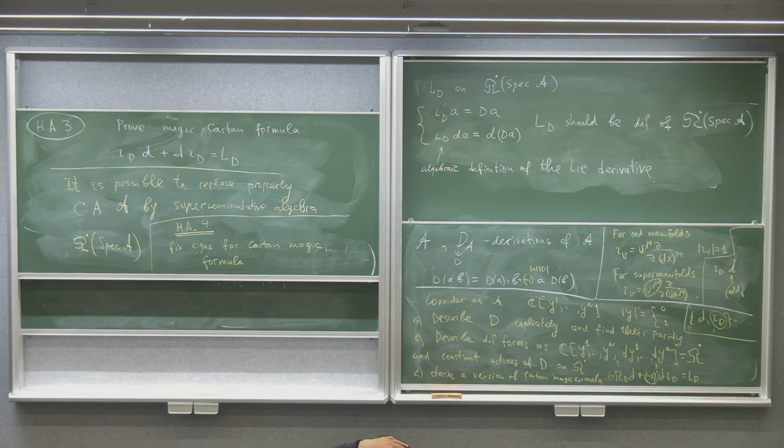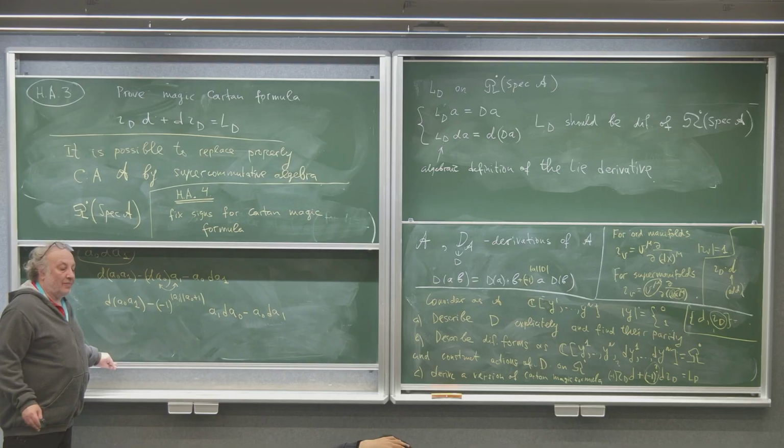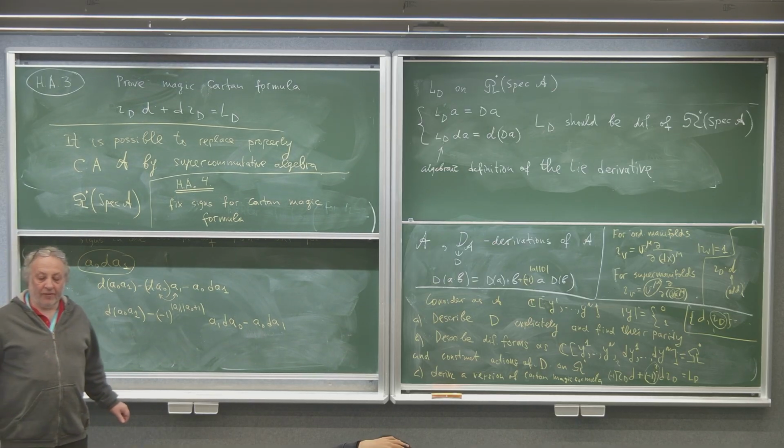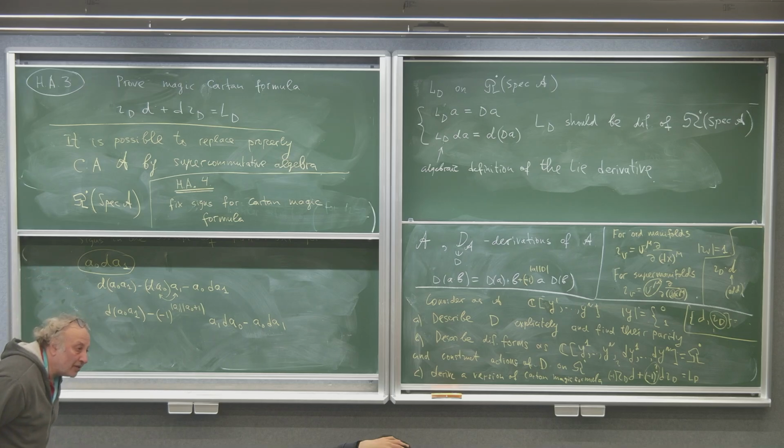Let me summarize. I constructed for you the theory of differential forms in two ways. The first way was differential geometrical, just to give you a warm-up. And the second way was algebraic, and it is the algebraic way where you can go to the superalgebra description.